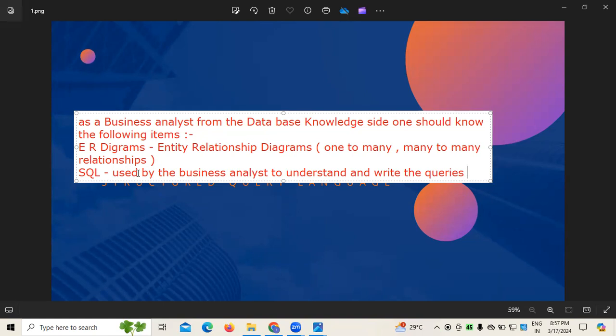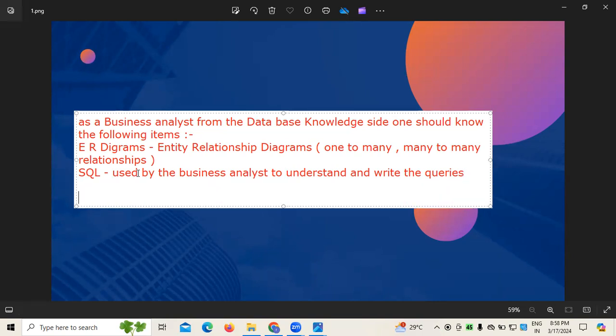Sometimes in some organizations, you will be in the role of a business decision maker. You want to take some business decisions, so you want to extract some data from the database, which is part of technology. For that reason, knowing SQL is essentially required nowadays. This is point number two.